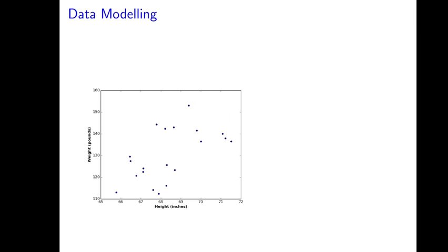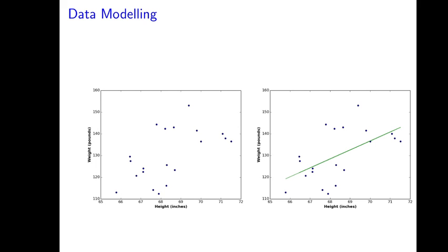So for instance, if we have a two variable data set, for instance between the height and the weight, and we decide that these observations are linearly correlated, then the data modeling of these two variable data set is to find the linear regression function that best describes the relationship between both variables.